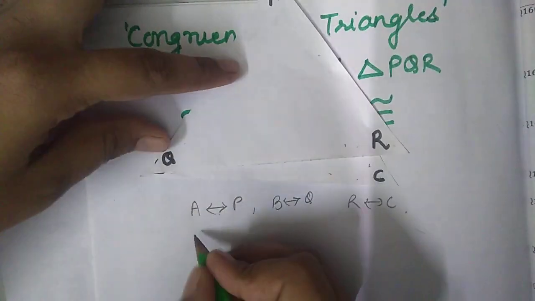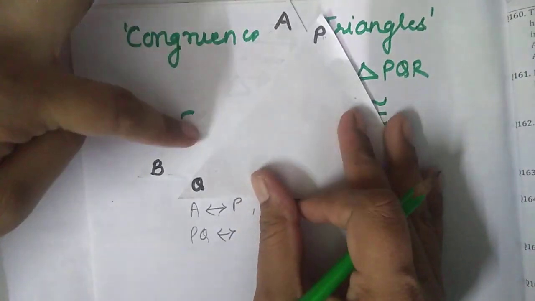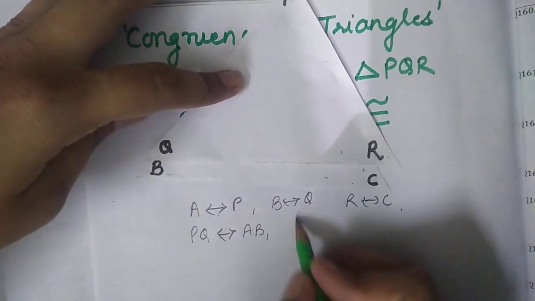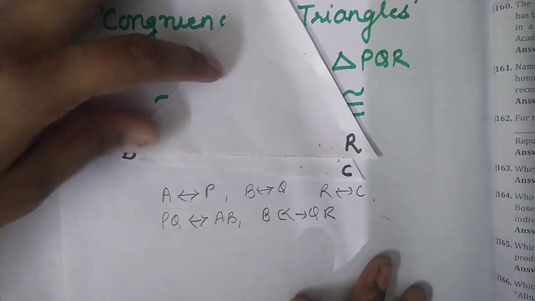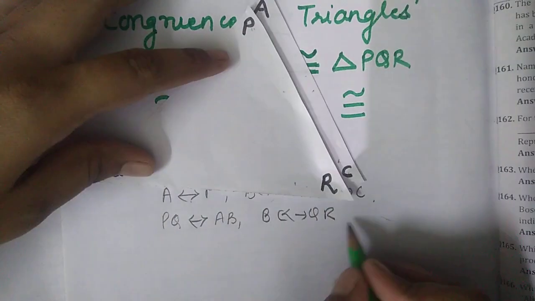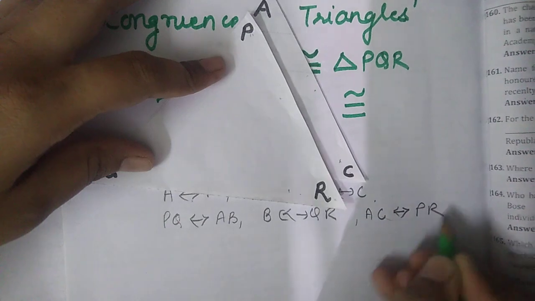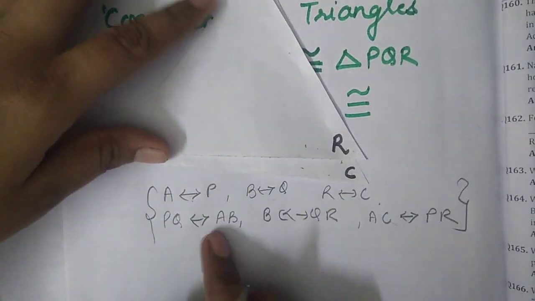Now for sides, this PQ side is corresponding to AB side, and this BC side is corresponding to QR, and same for this AC side, which is corresponding to PR. So these are the corresponding elements and they are 6 in number.